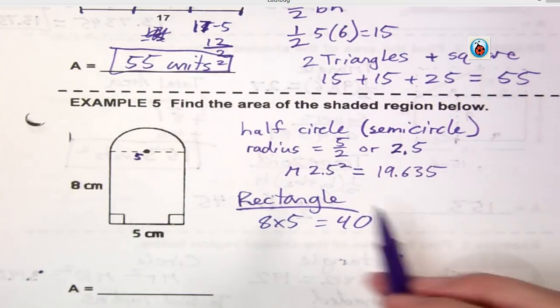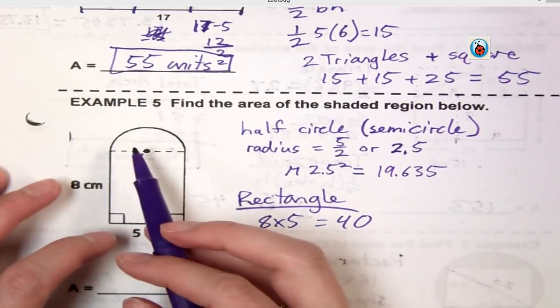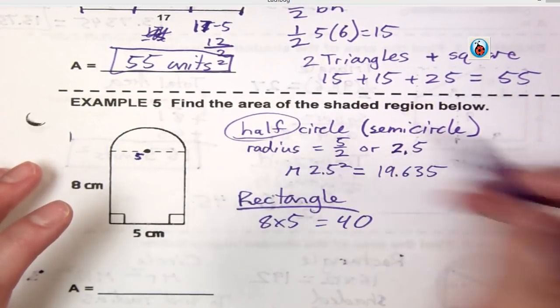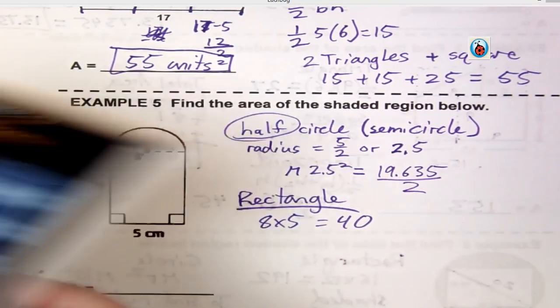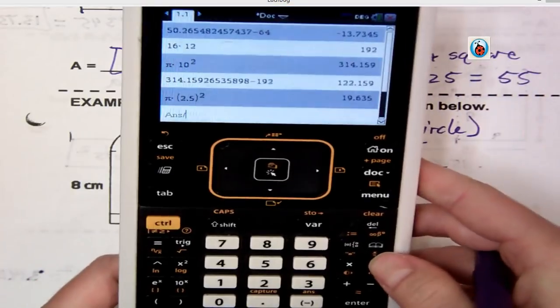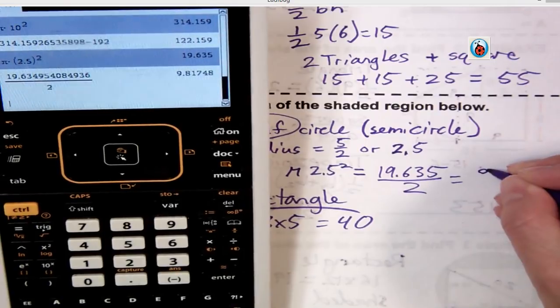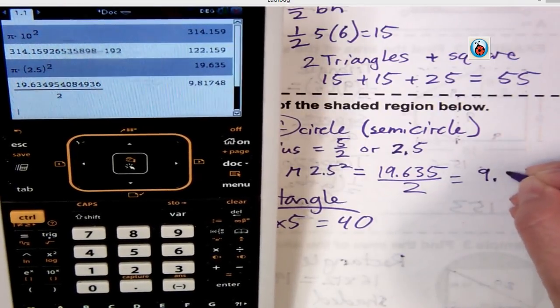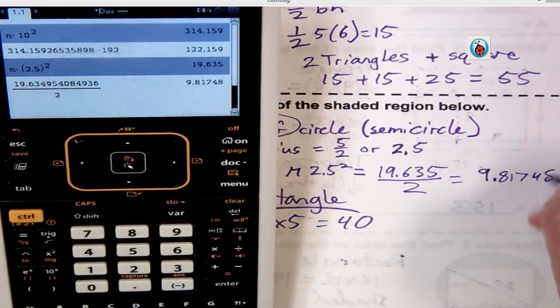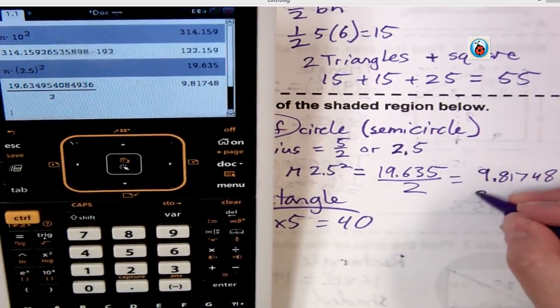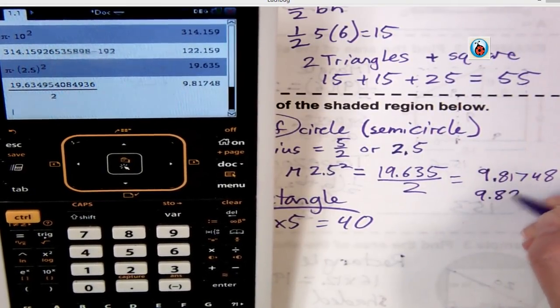Okay, so that's the area of a whole circle. Because I have half a circle, I just have to divide it in half. So in my calculator, take the same thing, divide by 2 to get 9.81748. I'm going to now round it to 2 decimal places to get 9.82.